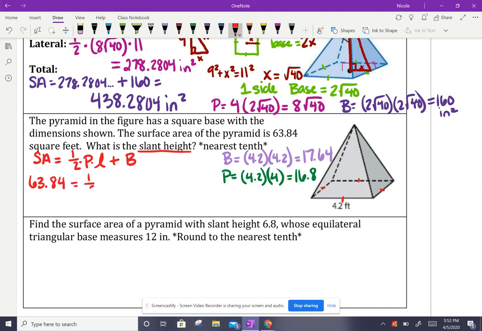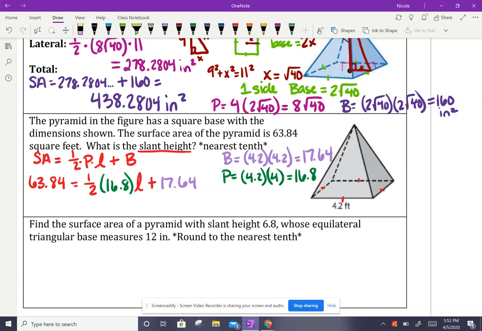That's going to be equal to 1/2 times my perimeter, which was 16.8, times the slant height, plus the area of my base, which was 17.64. So now all this has turned into is you're solving for the slant height. You can use X if you don't want to use the cursive L, but that's your goal.